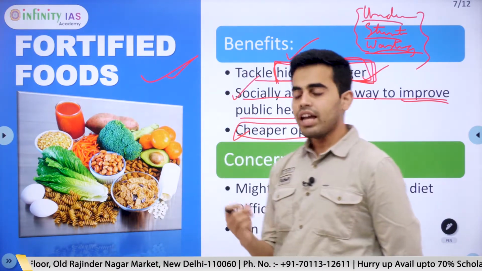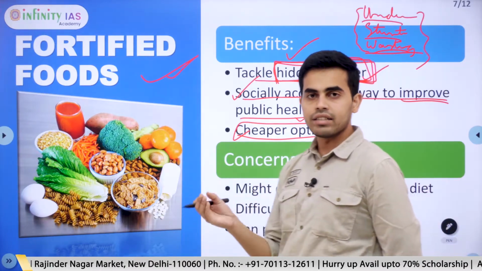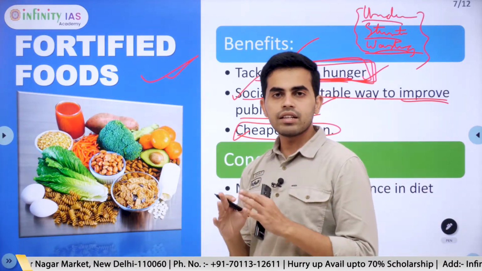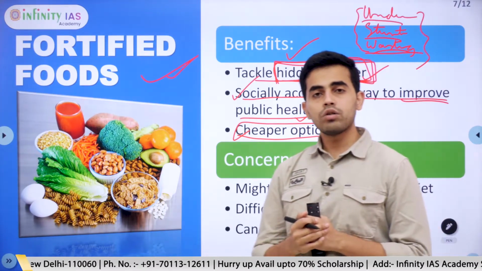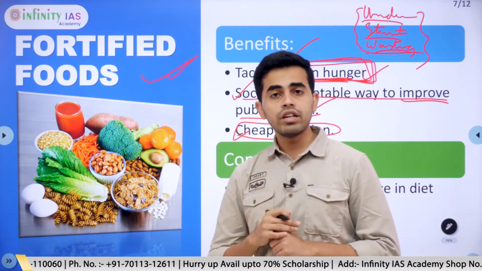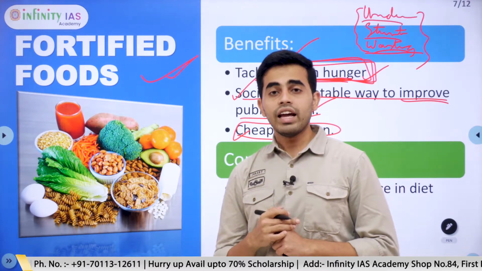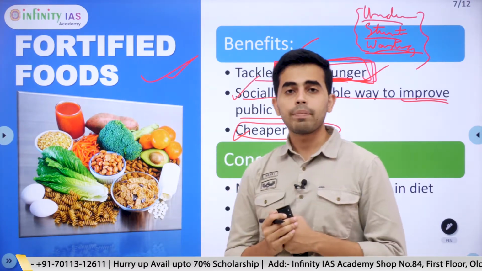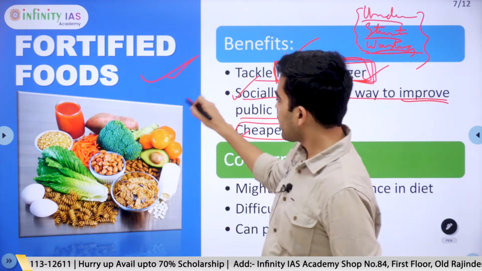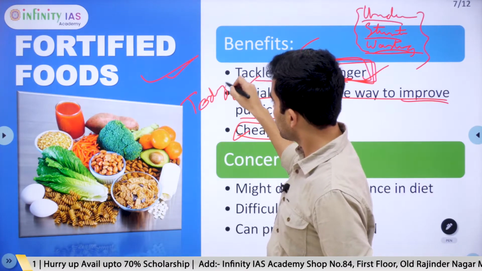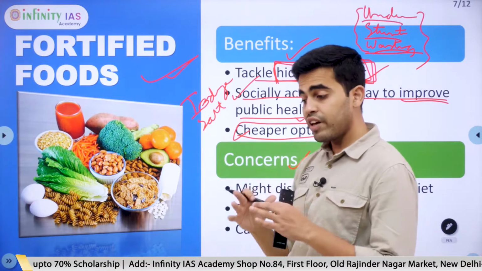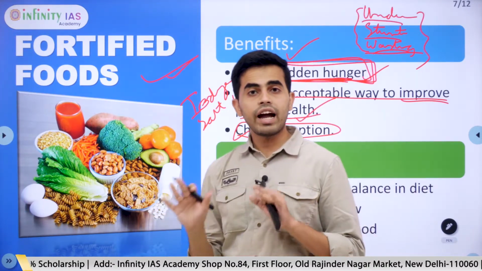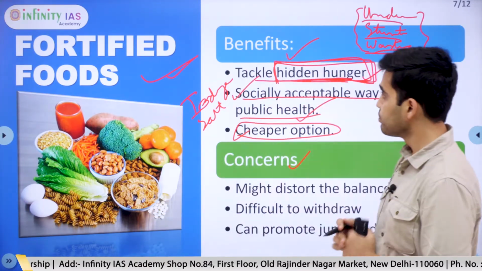At the same time, if we have to give iodine tablets, if the person has to approach a doctor to get himself treated or to get himself protected from such iodine deficiency disorder, he will have to pay a lot more. But we have seen that iodized salt is very cheap. At the same time, it is very effective to prevent iodine deficiency disorders.